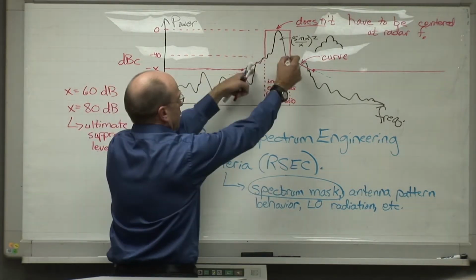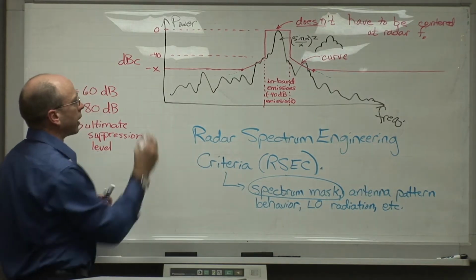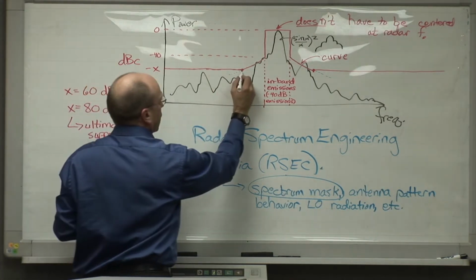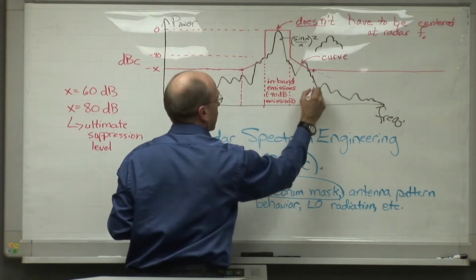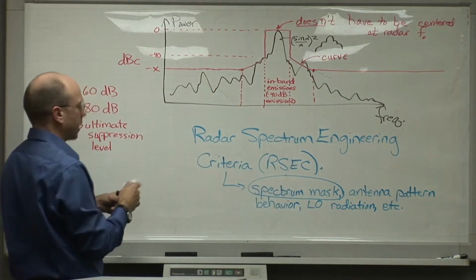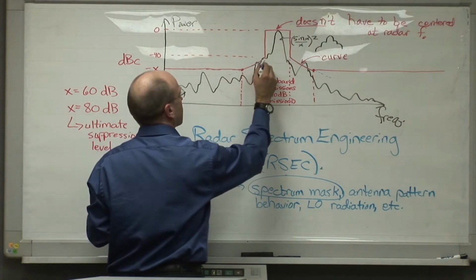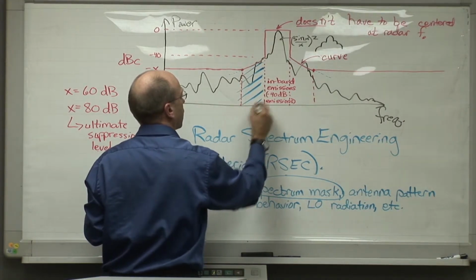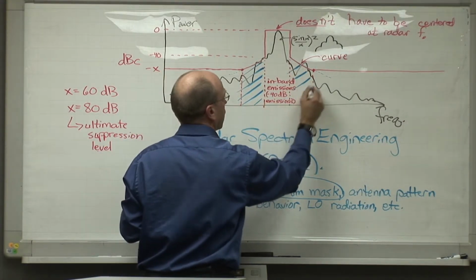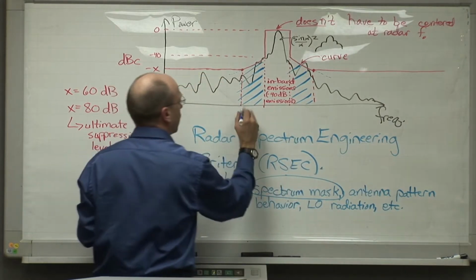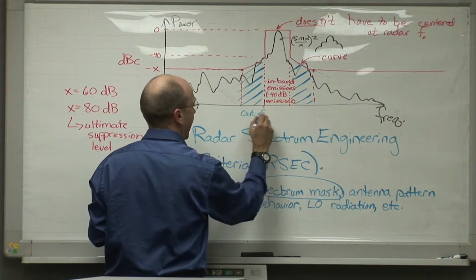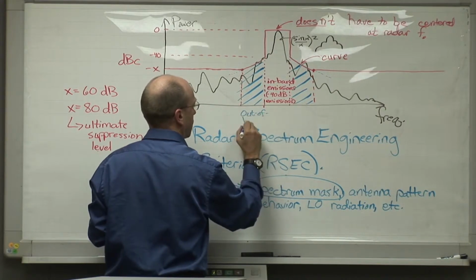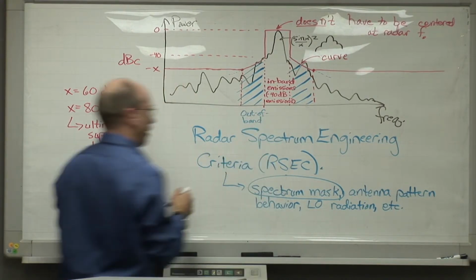That's inside this section right here. Then, these two sectors, here and here, which I'm going to color in blue like this, like so, are referred to as out-of-band. Out of band.